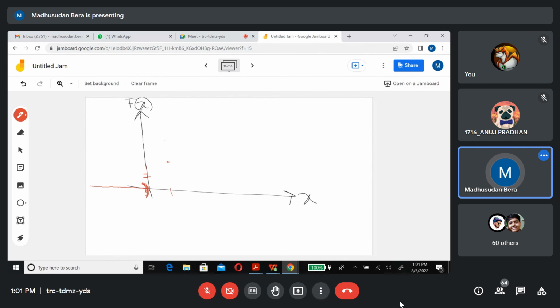So 0, 1, 2, 3. Then at 2 it is 7 by 8. At 3 it is 1. Before 0 the value is 0. After 3, the function is the constant 1.